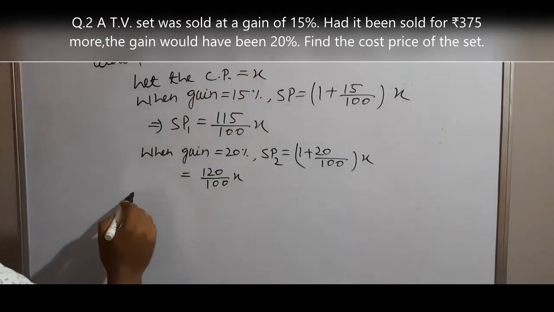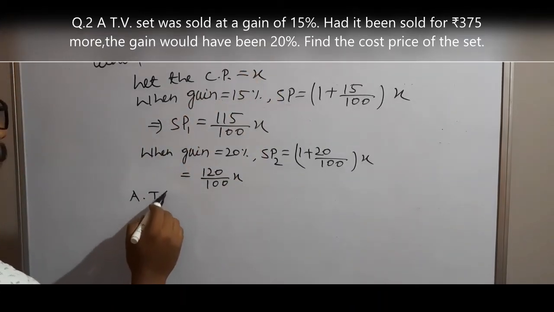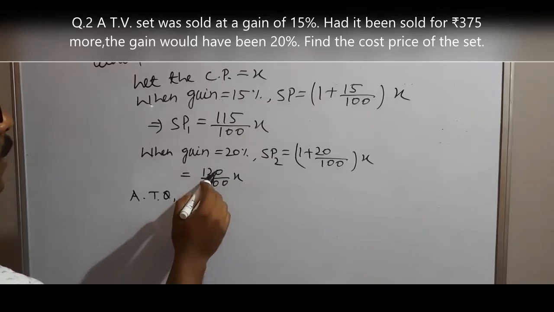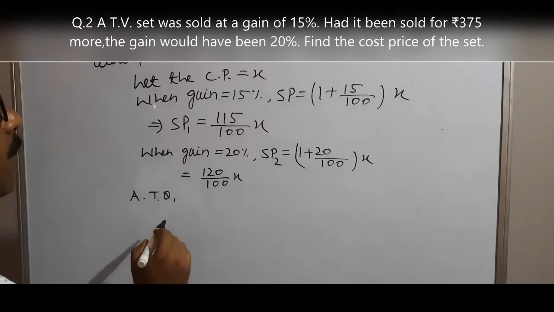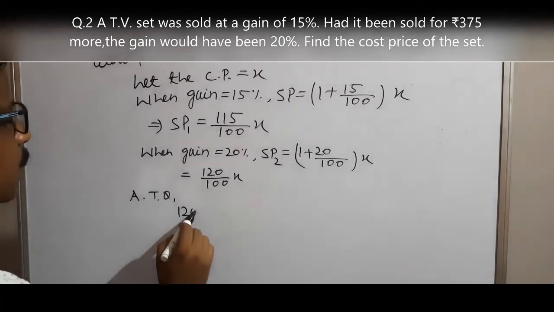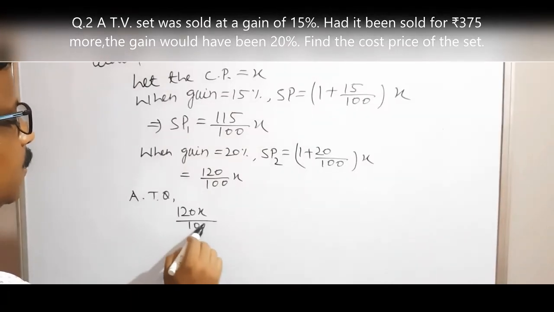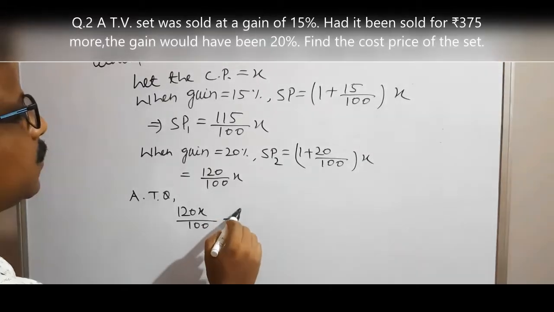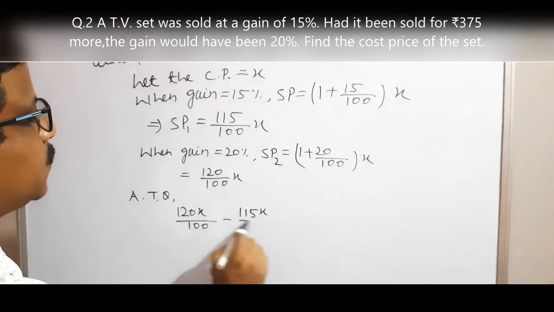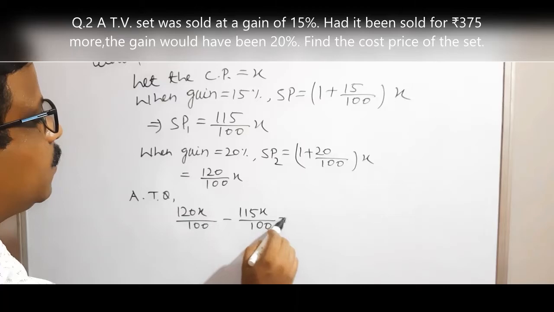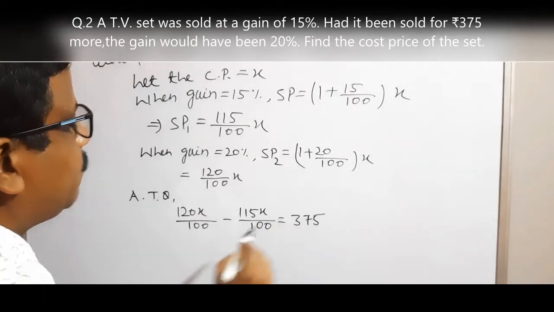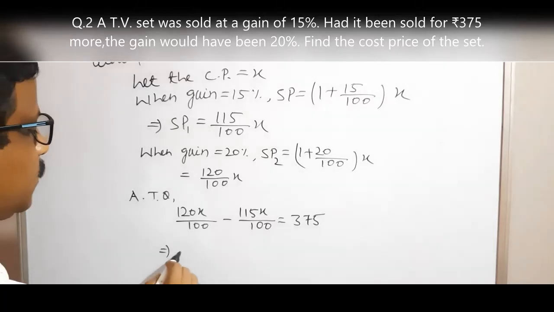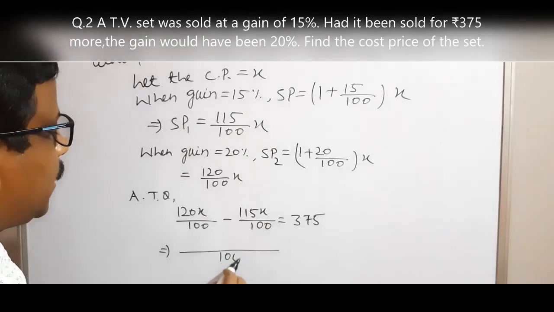So according to the question, second SP minus first SP is equal to 375. So 120x by 100 minus 115x by 100 is equal to rupees 375. So the LCM is 100.